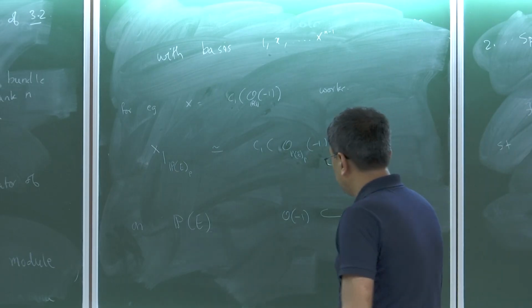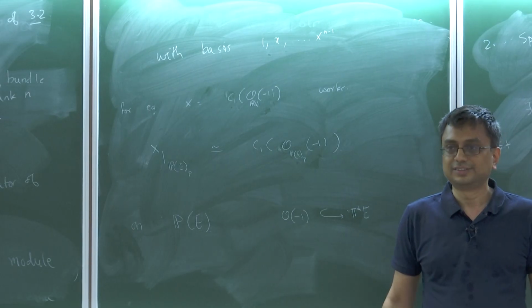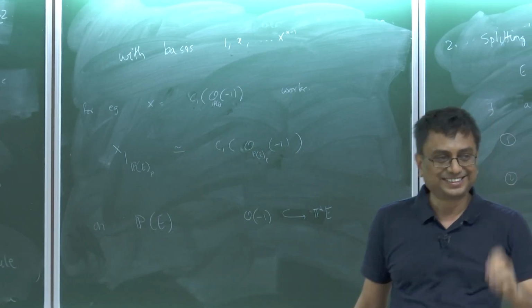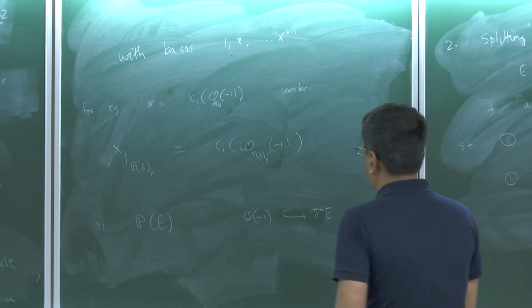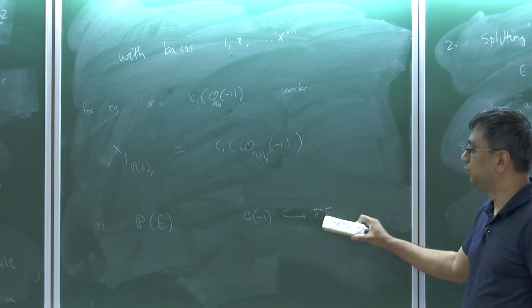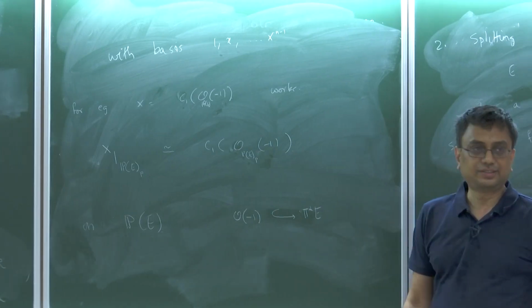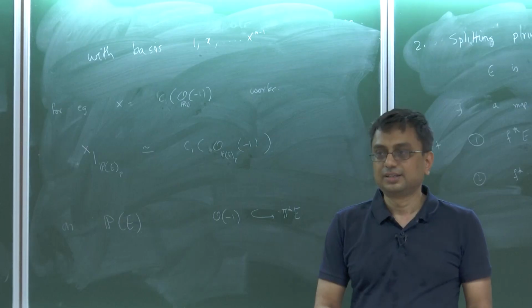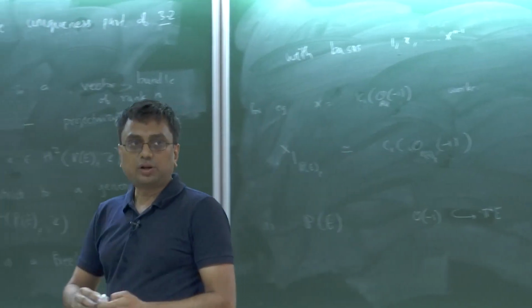I'm expecting some question if it is not clear. My claim is that the tautological line bundle is a subbundle of the pullback of E, and this is probably not clear. So what is the tautological line bundle?